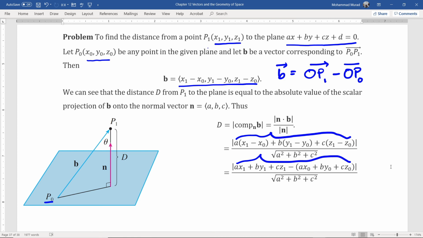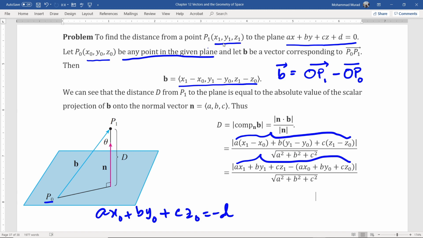Now, since the point P sub 0 is a point in the given plane, the coordinates of the point P sub 0 must satisfy the equation of the plane, meaning that a times x sub 0 plus b times y sub 0 plus c times z sub 0 must be equal to negative d.